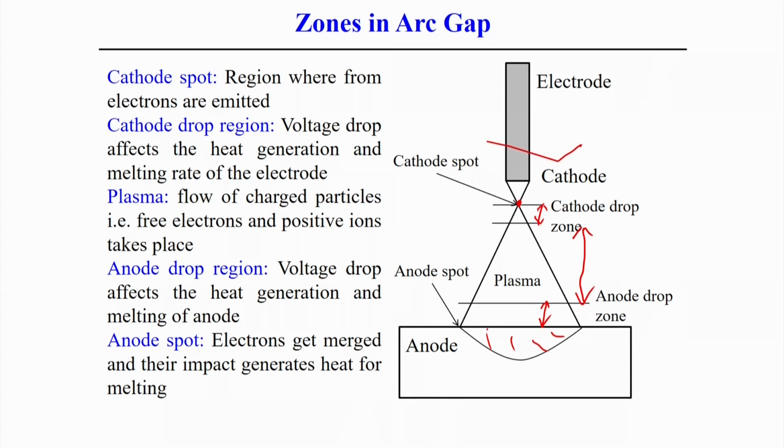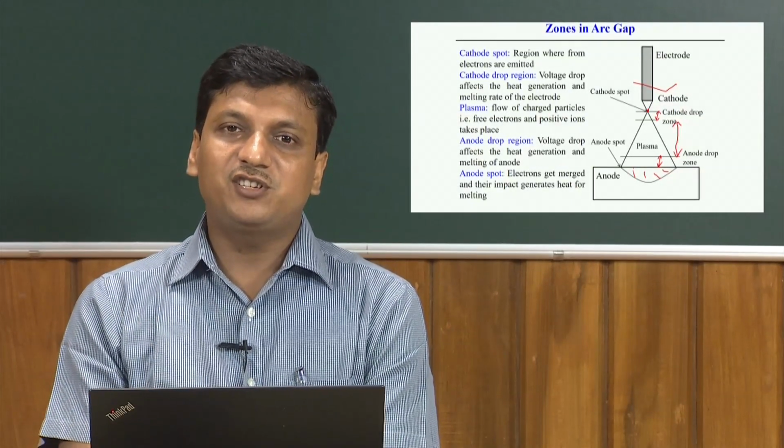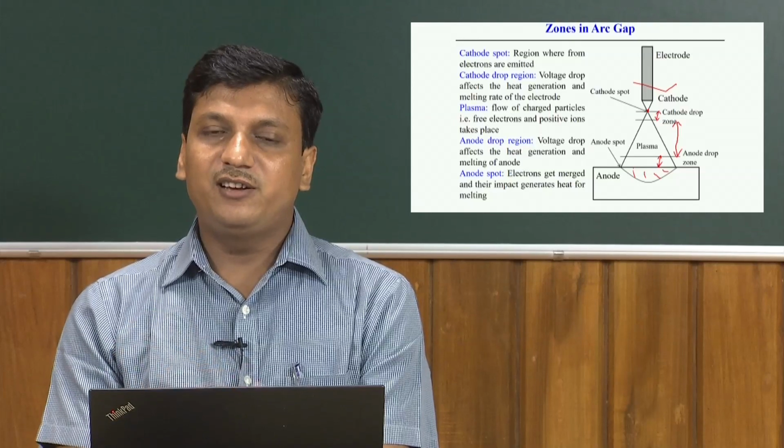Finally, at the anode spot the electrons get merged and their impact generates the heat for melting. So, these two voltage drops, the cathode drop zone and the anode drop zone, decide the temperature of the electrode and the melting of the workpiece.